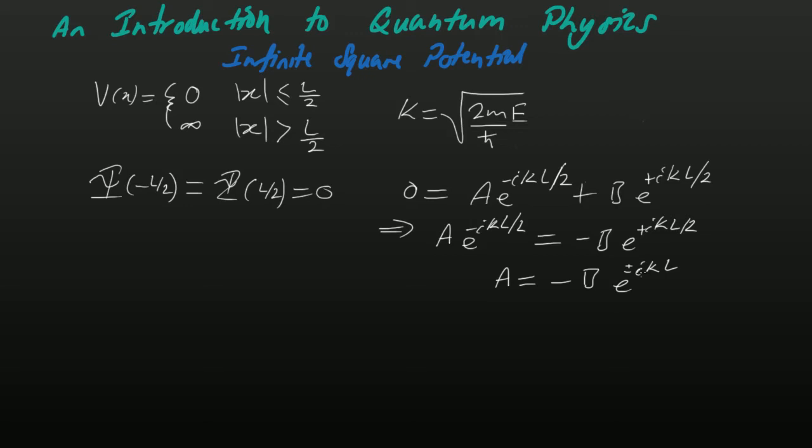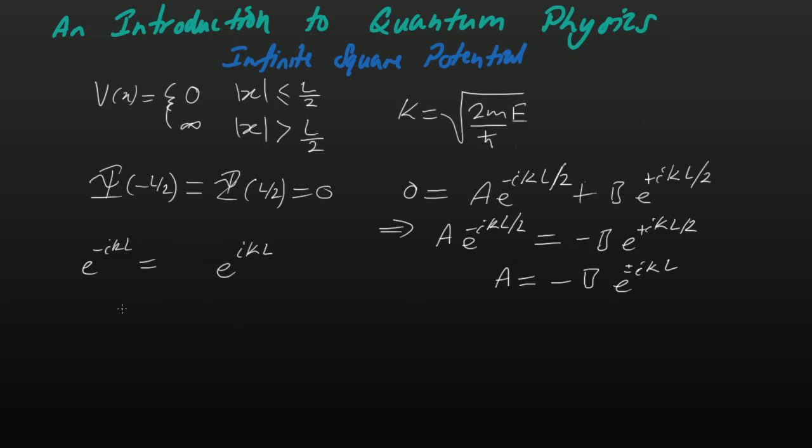Now what can we do with this also? We know that we can split this up into two different equations, and they both equal a. That means they both equal each other. So negative b e to the, I'll do the negative first, ikL equals negative b e to the positive ikL. So these b's disappear, and the negative signs as well.